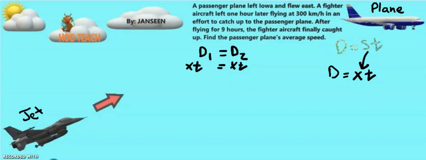It doesn't matter which one goes first, which one takes number 1, number 2. I'll just give this one 2, this one 1, and we're done, okay? And I'll start with D2 just because we know the speed of the jet, right? We have the speed. So let me go ahead and start simplifying that.